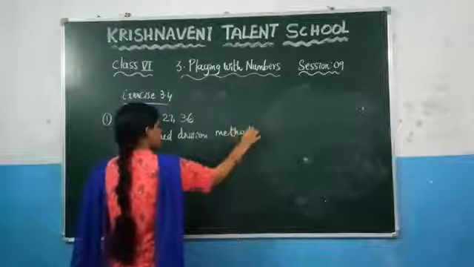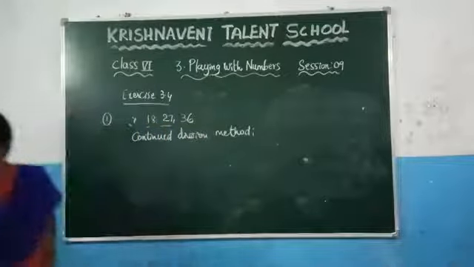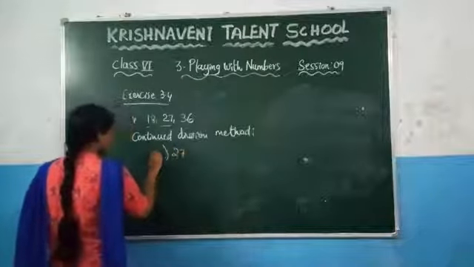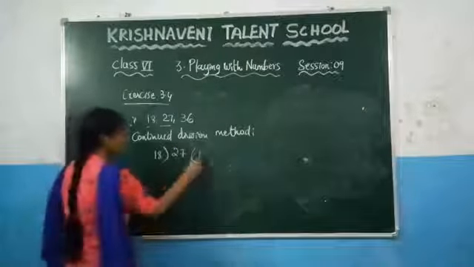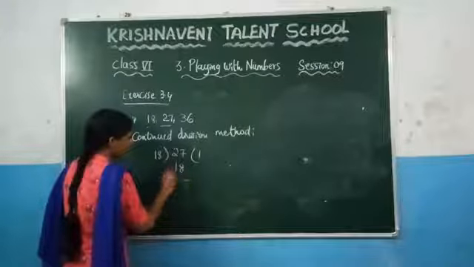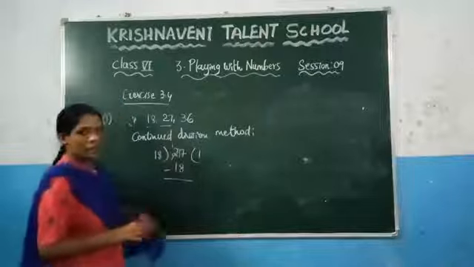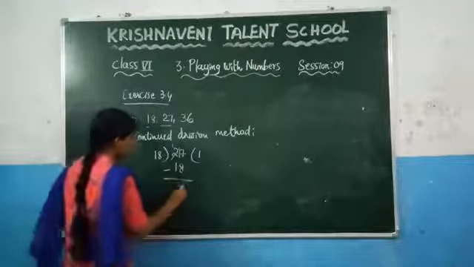What is the greatest number between these two? 27 is the greatest number. What is the smallest number? 18. Now divide it. 18 ones are 18. Write it here, and after that subtract. What is 27 minus 18? You get 9.